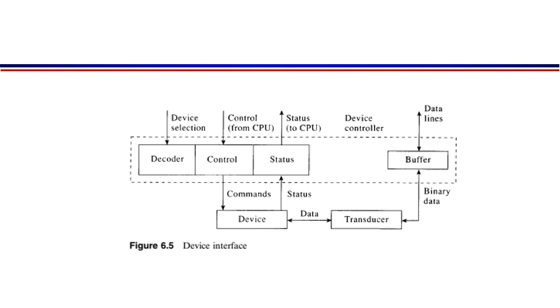And whenever there is data from the system to the output device, this buffer will transmit data to the transducer, and the transducer will convert this data into the format that will be used for that output device. So in this way, this device interface will work during different input and output instructions.